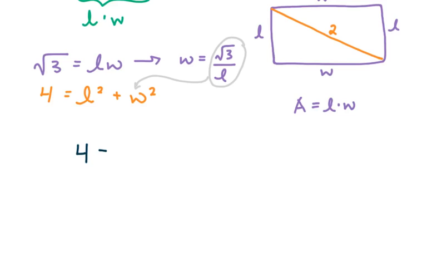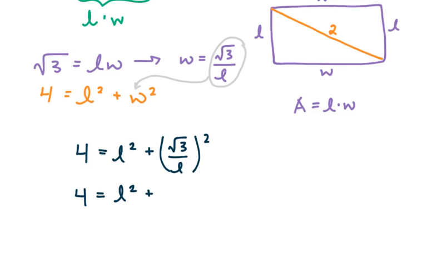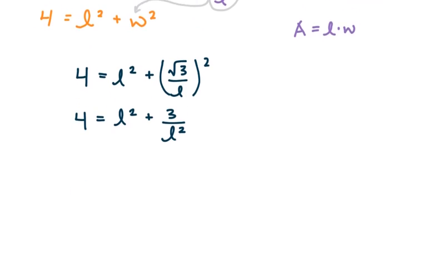I'll have 4 equals L squared plus √3 over L, quantity squared. So now we have 4 equals L squared plus 3 over L squared. Don't forget that that square is going to apply to both the numerator and the denominator.